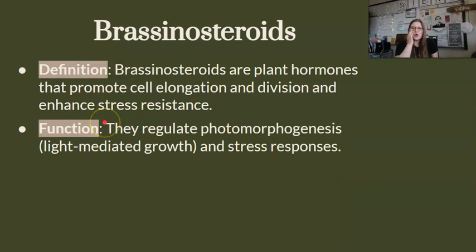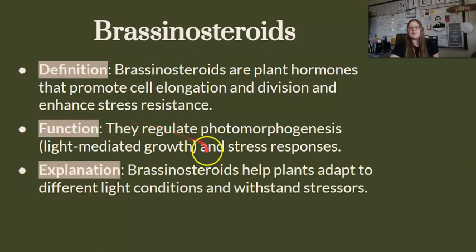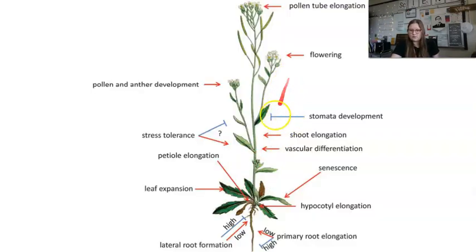They regulate photomorphogenesis, which is light-mediated growth and stress responses. Brassinosteroids help plants adapt to different light conditions and withstand stressors. So we could have stomatal development, shoot elongation, vascular differentiation. All of these things could be happening with or are influenced by those brassinosteroids.